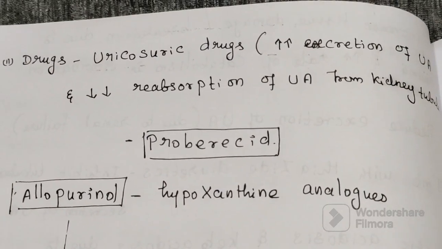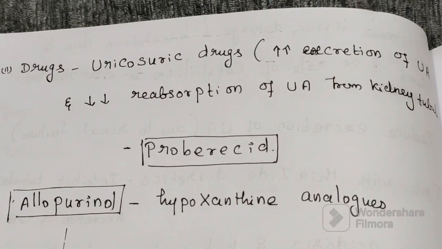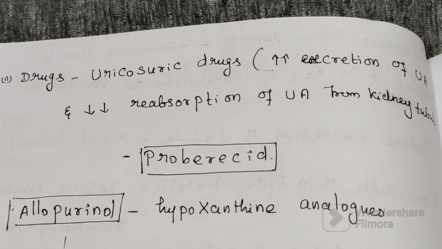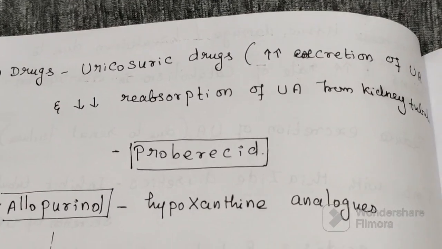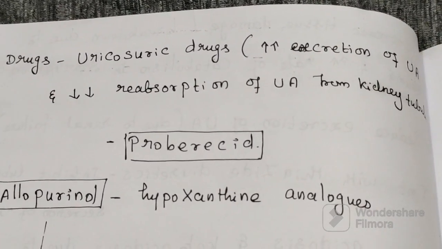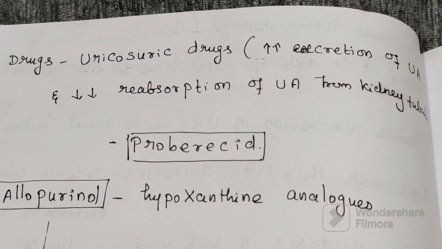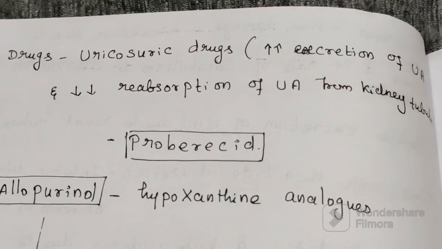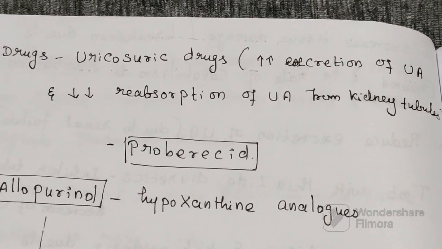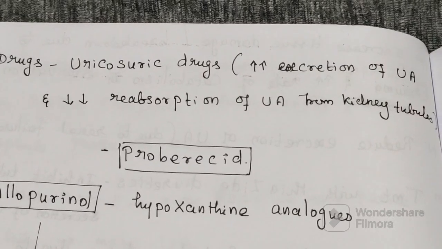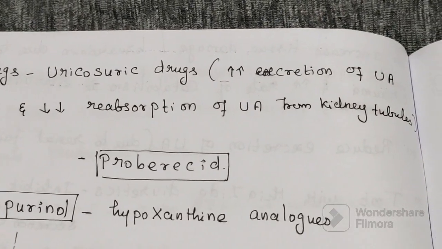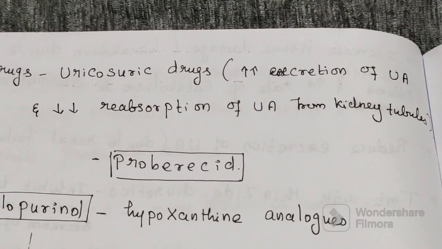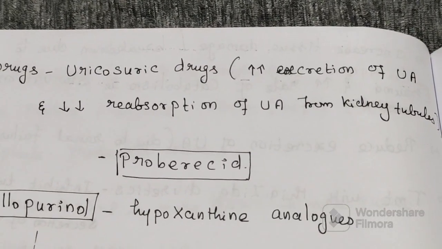The second one is drugs. Uricosuric drugs are those drugs which increase the excretion of uric acid from kidney tubules or decrease reabsorption of uric acid from kidney tubules.